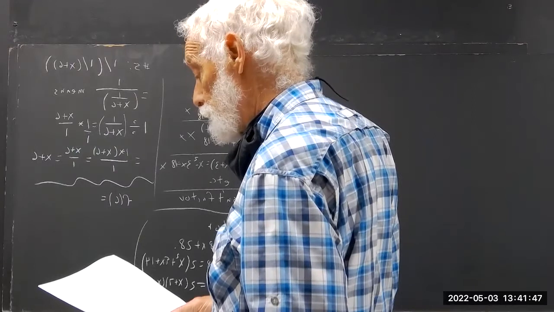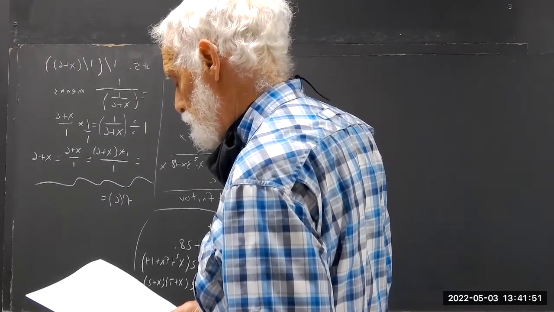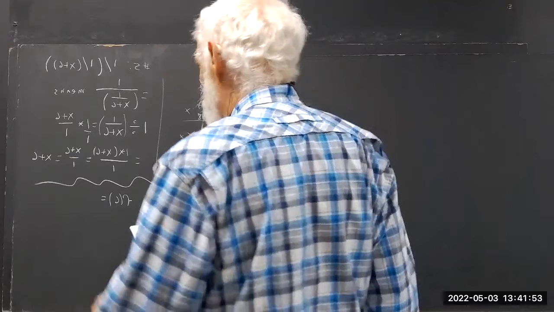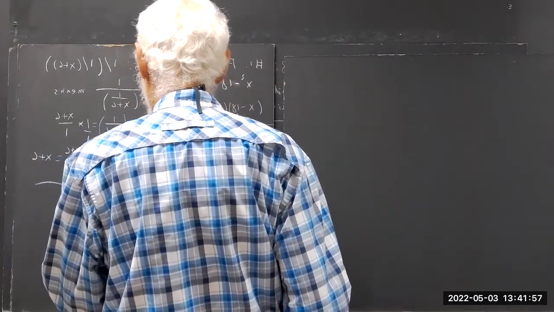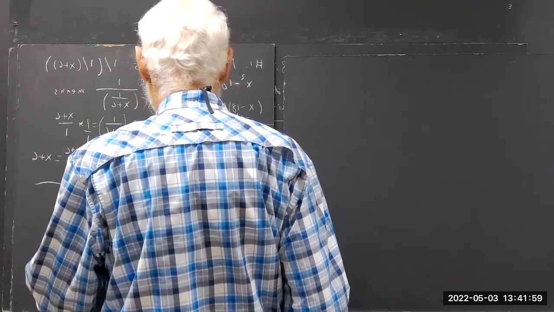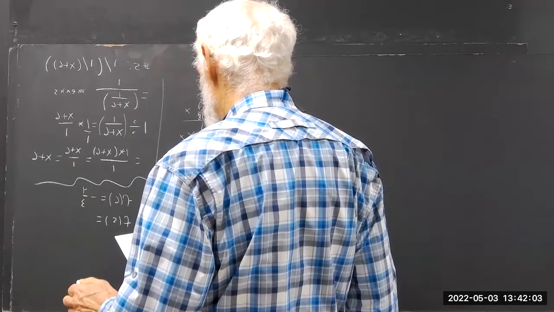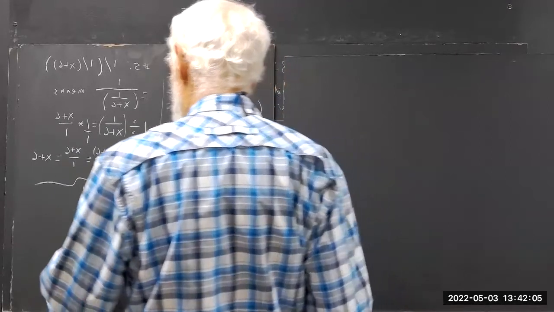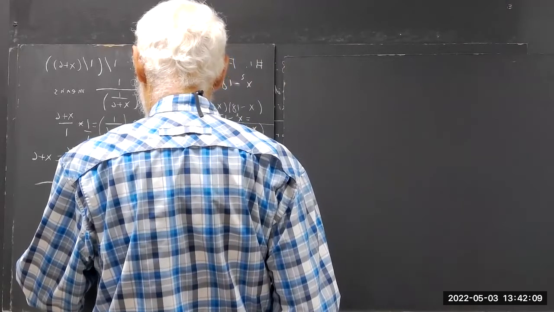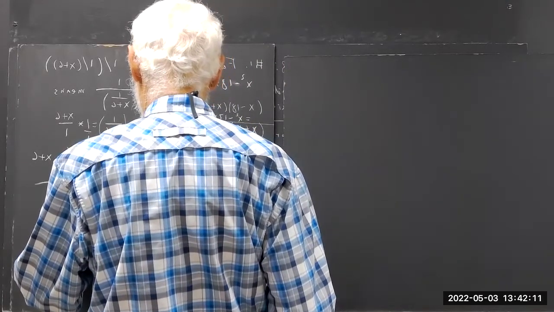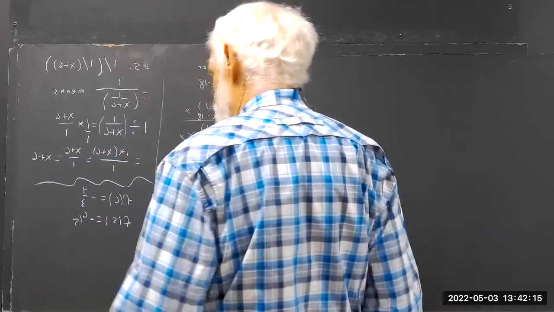F of 6 on this one would be -4/3. F of 5 would be -6/5, I think.